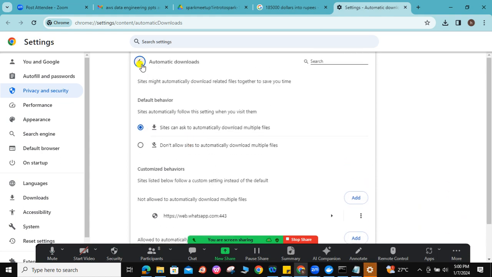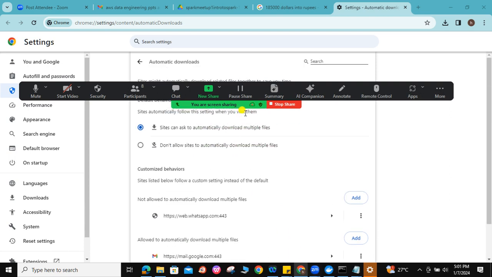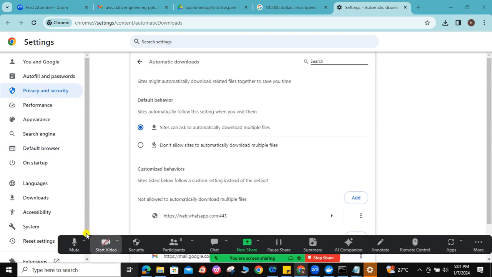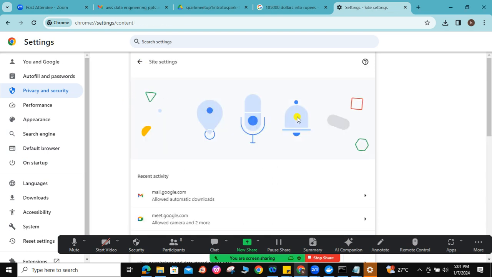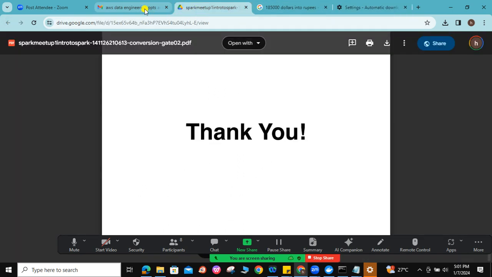Site automatic downloads. I have given hello, but let me see what's happening.